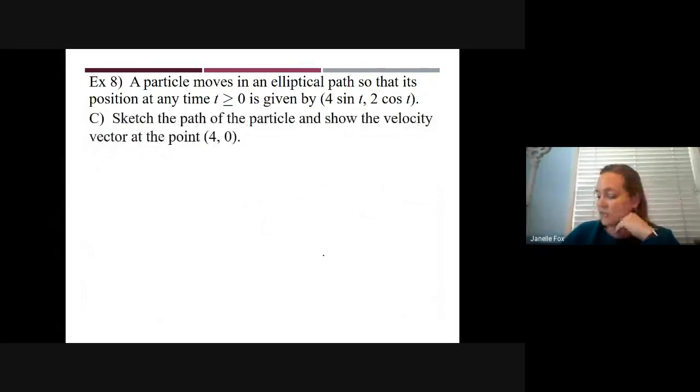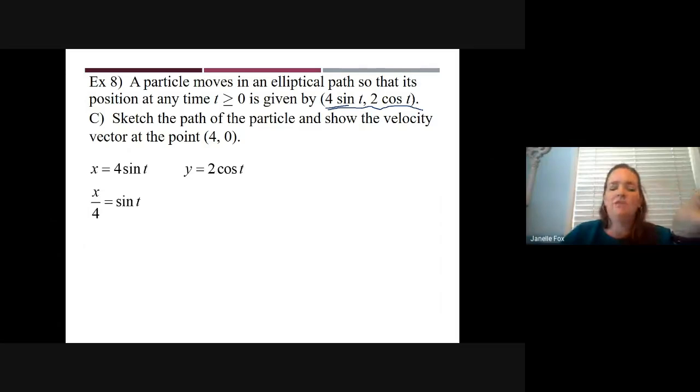All right, part C of the question says we're going to sketch the path. It told us that it was an ellipse at the beginning, and so you could think parametrically, like what we did in the first unit, about the coordinates, or I could think about eliminating the parameter like we did in the last section.